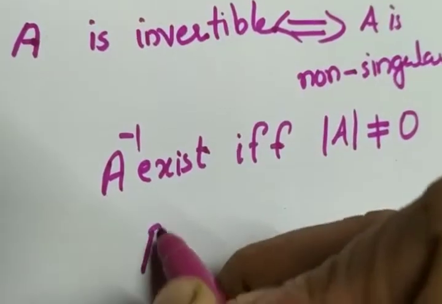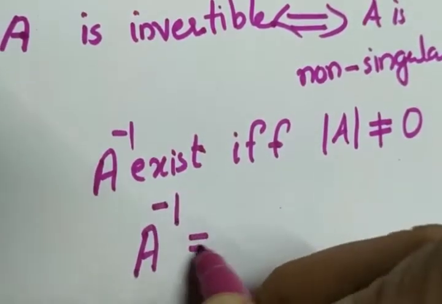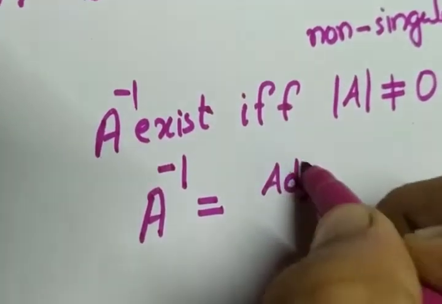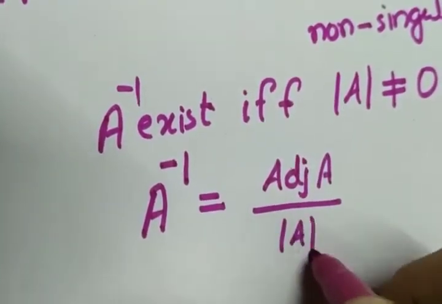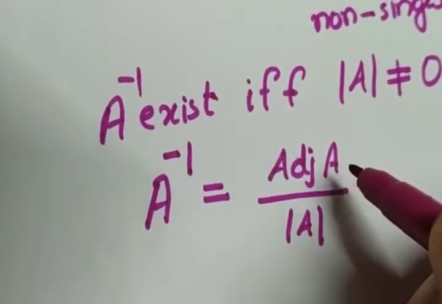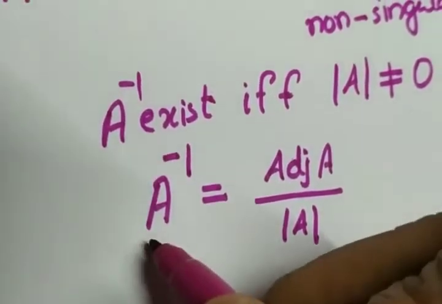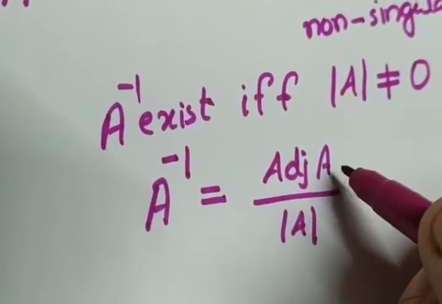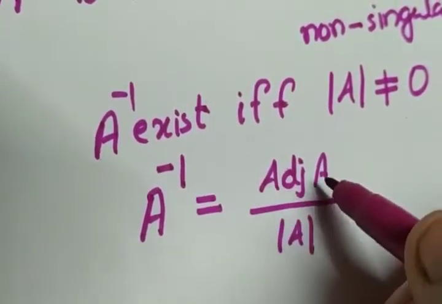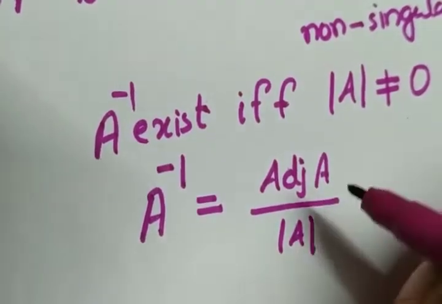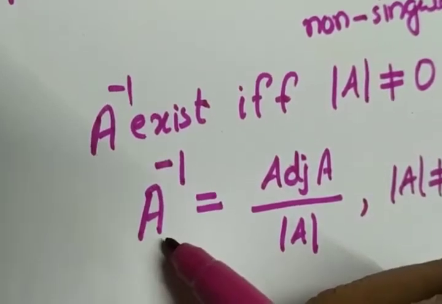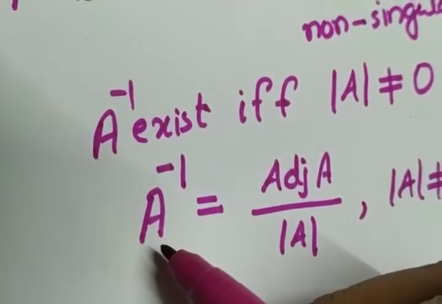And there is a formula to find the inverse of the matrix by applying this theorem: A inverse equals adjoint of A by determinant of A. We know how to calculate the value of adjoint of A and also determinant of A. So to find A inverse, it is enough to divide adjoint of A by determinant A. So A inverse is given by the formula adj A by determinant A, provided determinant A is not equal to 0. That means A inverse exists only for a non-singular matrix.